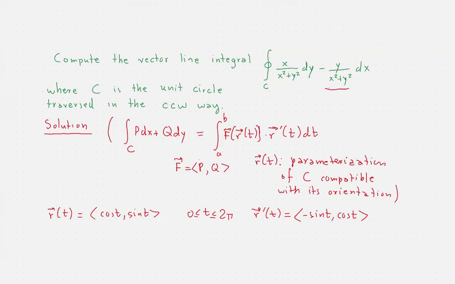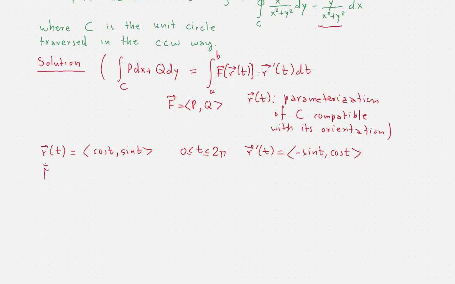Whatever is sitting in front of dy, that will be the second component, which means that the underlying vector field here is minus y over x squared plus y squared, comma x over x squared plus y squared, and not the other way around that one would have come up with if naively one looked at the order in which those components appear in the integral expression.